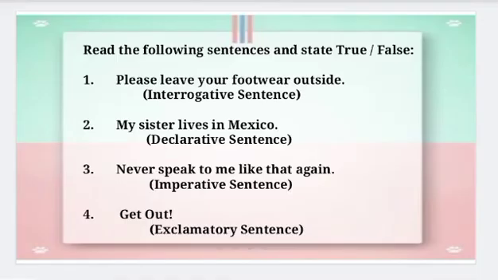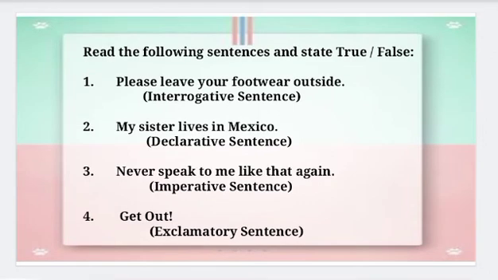Read the following sentences and state true or false. Please leave your footwear. Is it an interrogative sentence? Say true or false. My sister lives in Mexico. Never speak to me like that again.